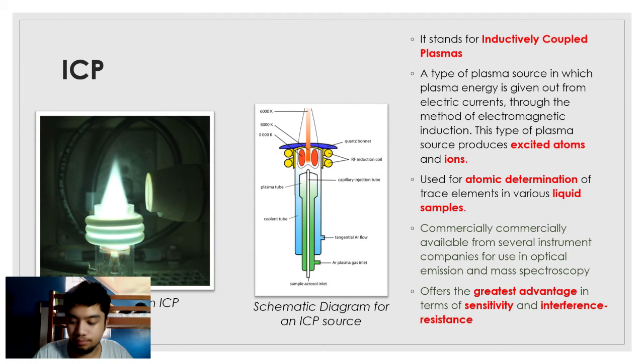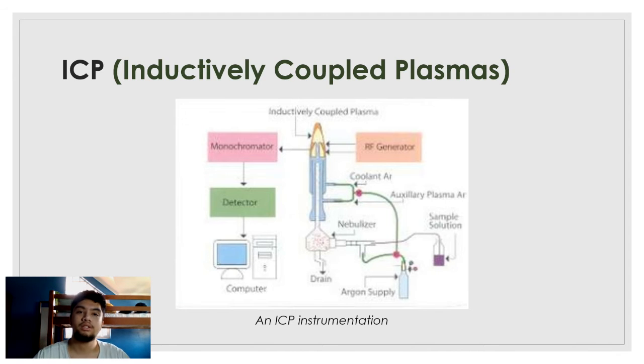So how does an ICP apply, I mean, what is its use? How is it used? This is an example of the instrumentation of the ICP. First, the sample solution is connected to a nebulizer. The sample solution is then nebulized along with the argon supply.